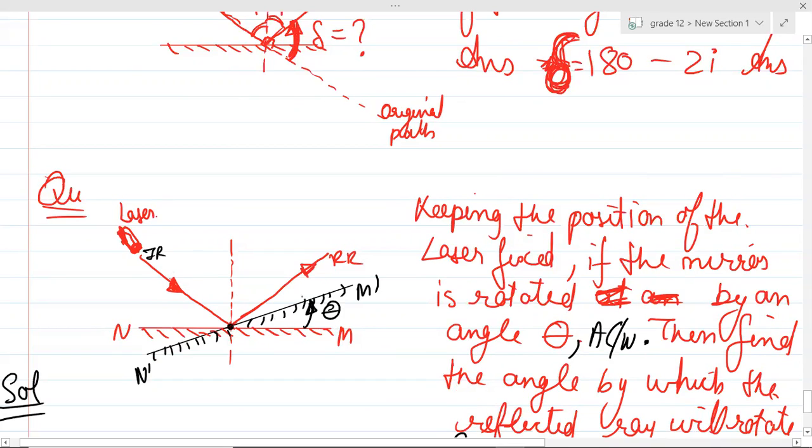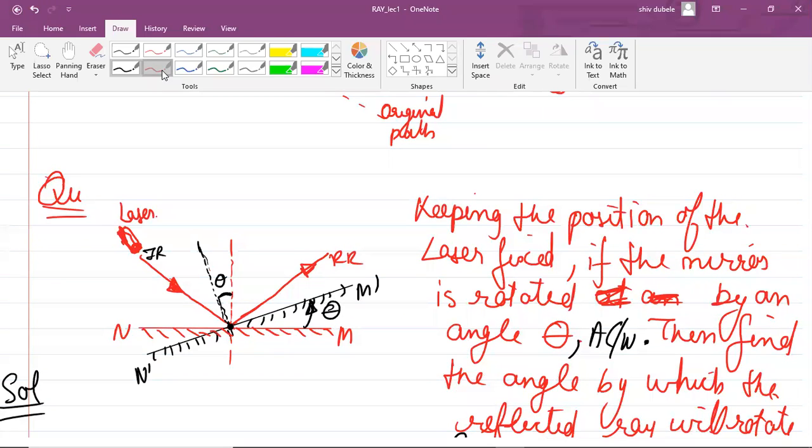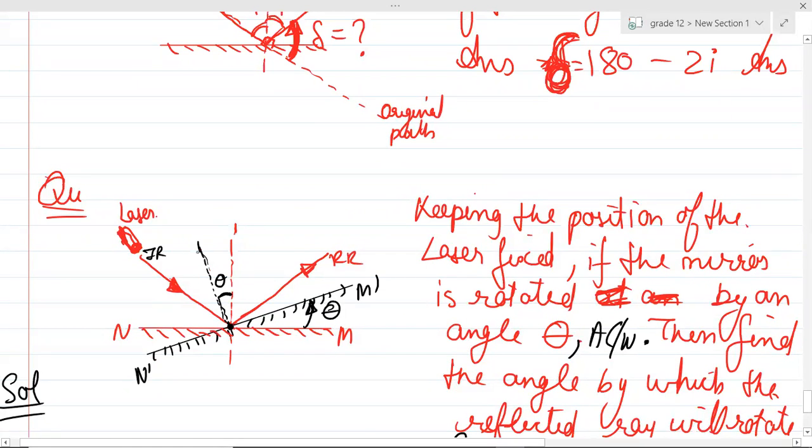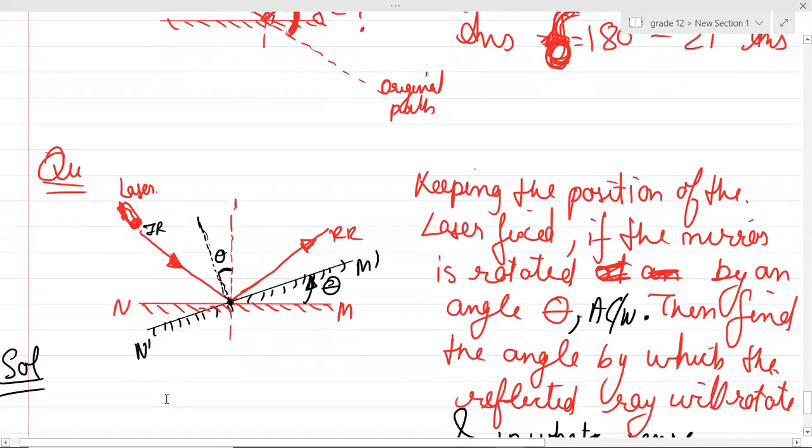Now tell me, when you rotate this mirror by an angle theta, which thing will rotate along with this mirror? Will the normal also rotate by the same angle theta? Yes, sir. So let's name the mirror as something else.